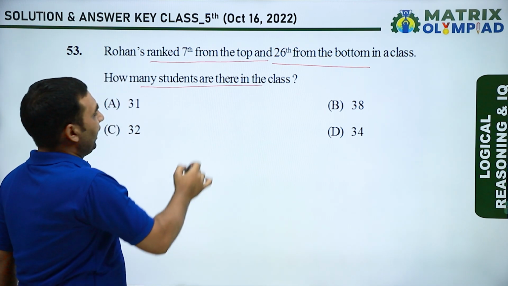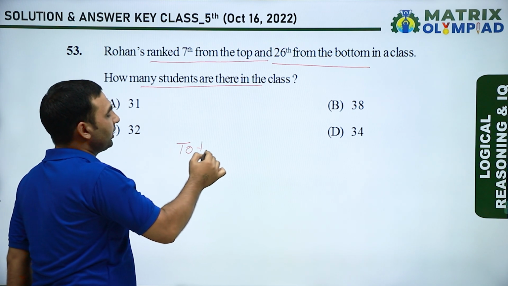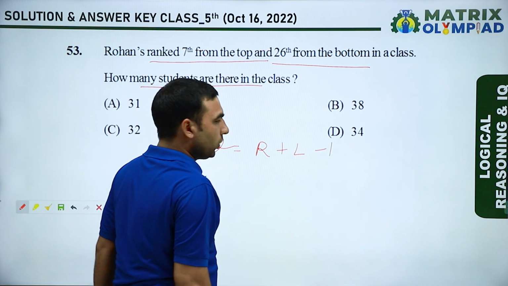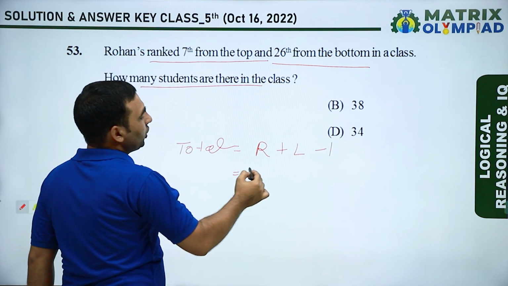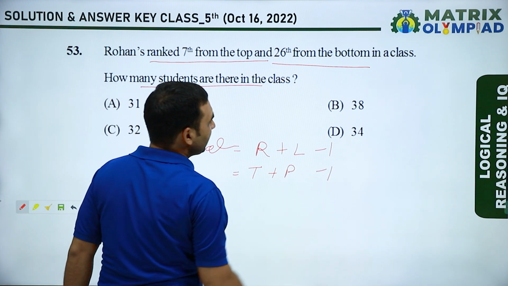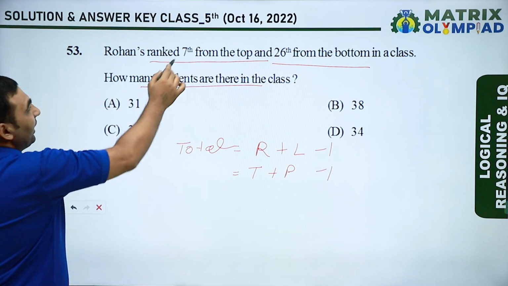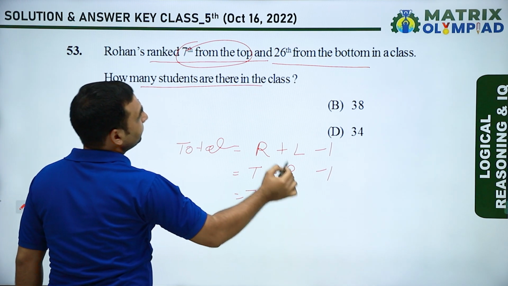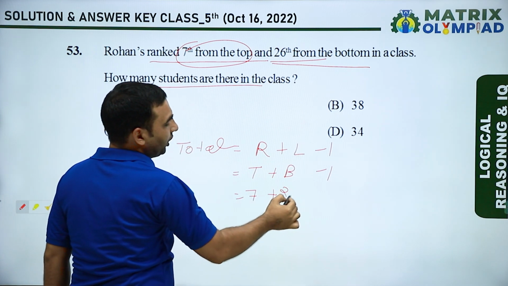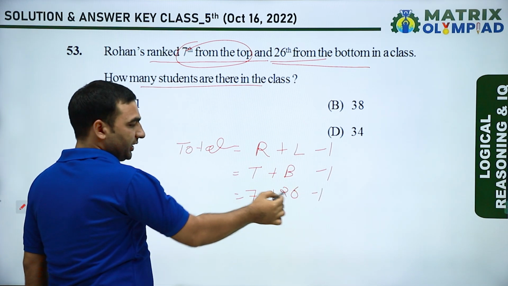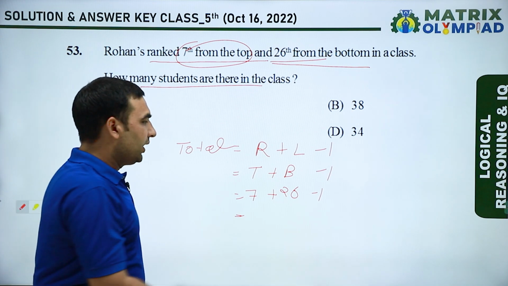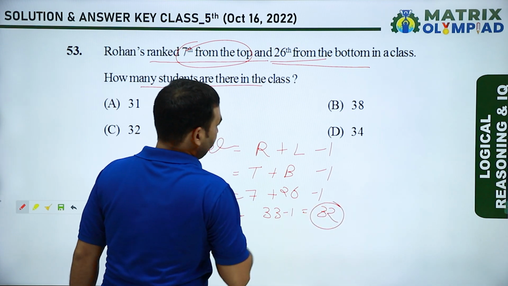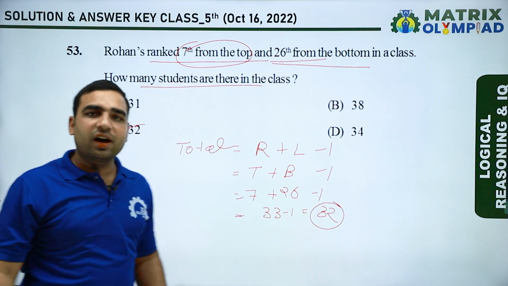As you know, to find the total number of persons, you say right plus left minus 1, or in the second way, top plus bottom minus 1. 7 from top and 26 from bottom, minus 1. 26 plus 7 is 33. 33 minus 1 is equal to 32. That is your answer. Option C is the correct answer.